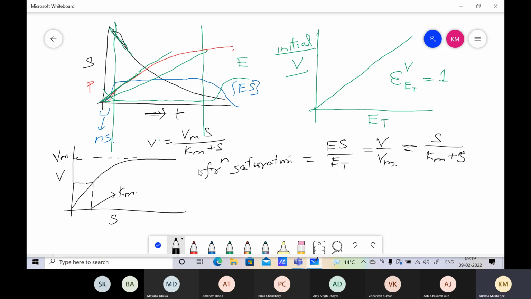So the elasticity, now you know the elasticity of this equation here. What is the elasticity of V with respect to S? We derived it in the class. What was it?